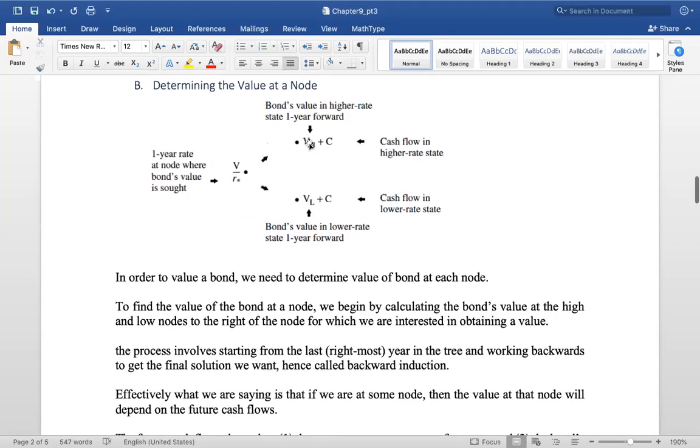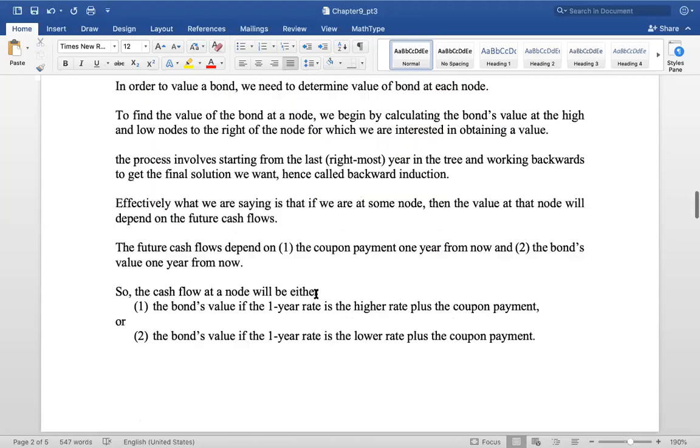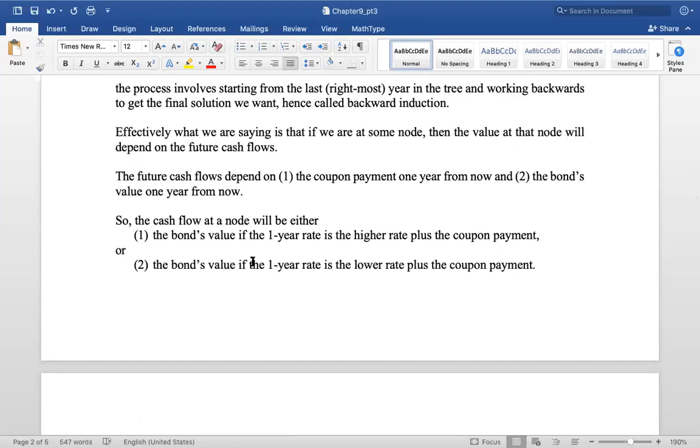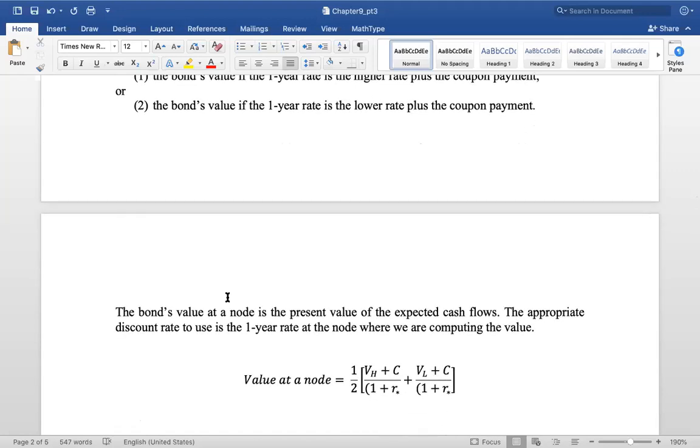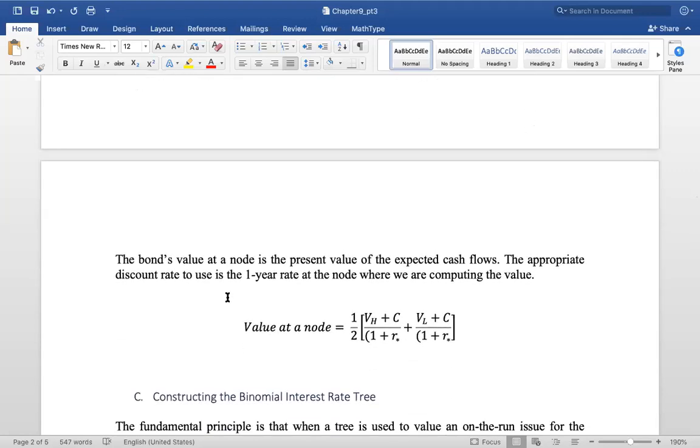So the cash flow at the node will be either the bond's value if the 1 year rate is the higher rate plus the coupon, or the bond's value if the 1 year rate is the lower rate plus the coupon. It can only take one of these values, and the bond's value will be the simple average of those two values, right? So we discount back these two values and then simply take the simple average of these two values, right? So it's pretty straightforward.